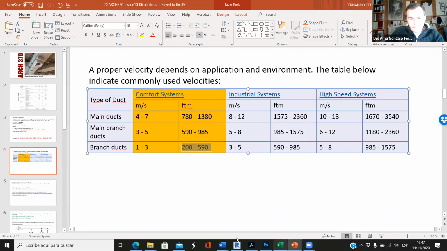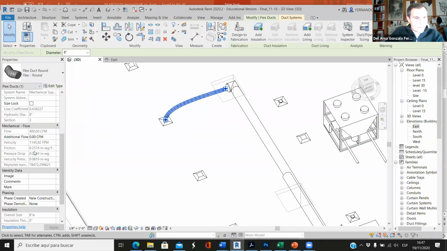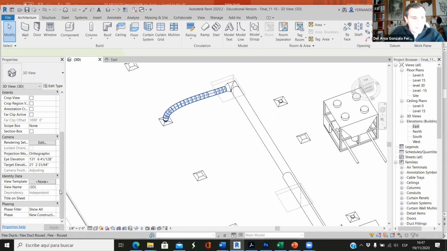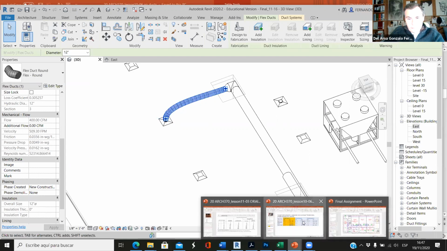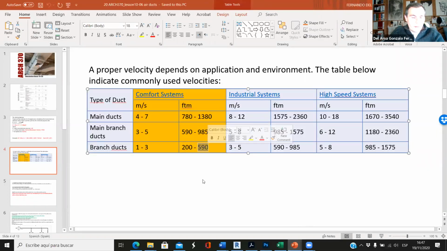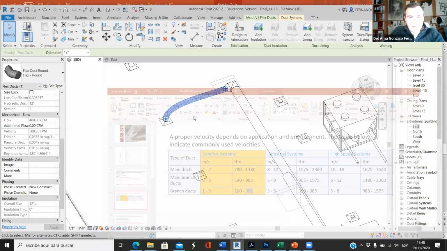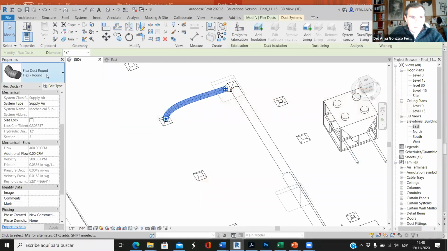And the speed here is 1,000. So it's too much because it's an 8-inch duct. So we have to change this. So let's make it 12. If it's 12, now the velocity is 500. Okay, it's not bad because it's below 590. So at least the diameter of this flex duct should be 12.